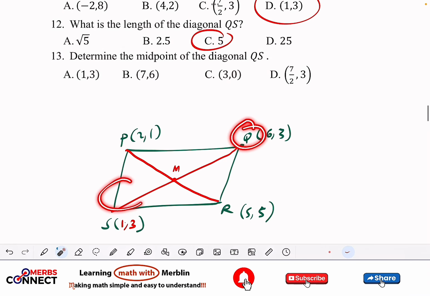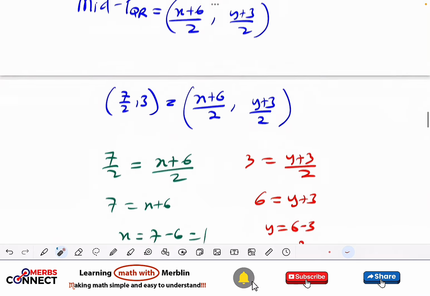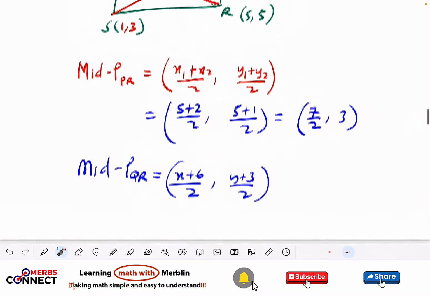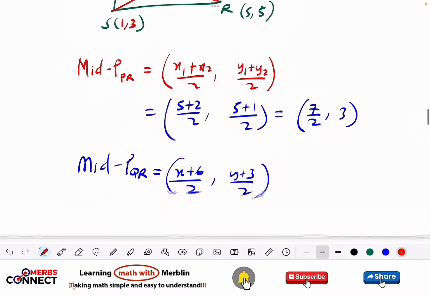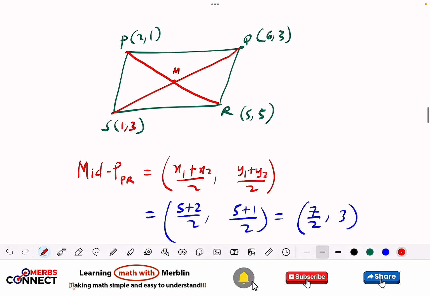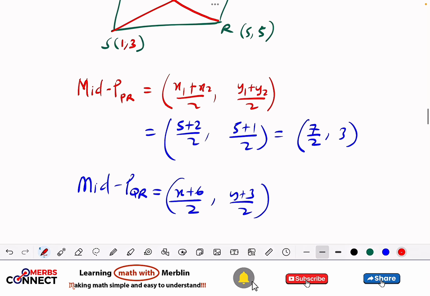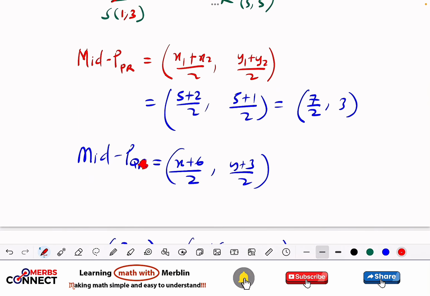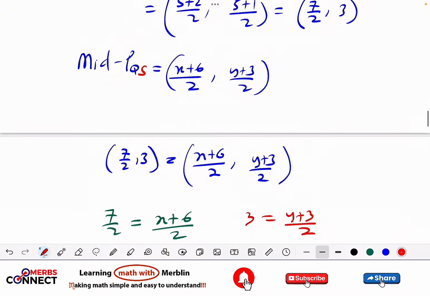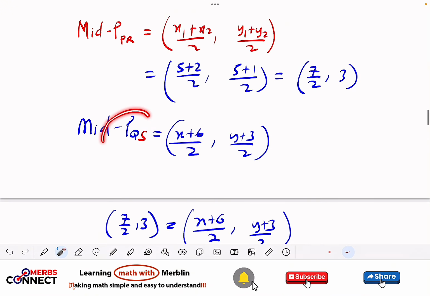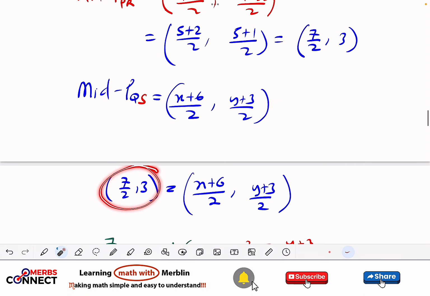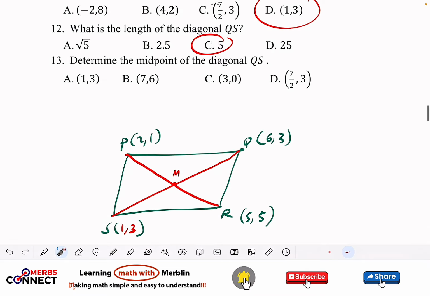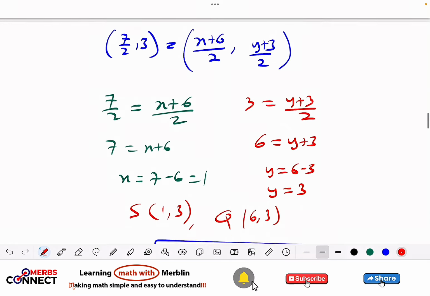Did I write it down wrong? PR, QS. Oh, okay, this one's supposed to be QS. Sorry, this one's supposed to be QS. So the midpoint of QS is the same as this. So it means that it is 7 over 2 and 3. So that one you just don't need to solve. You just need to circle it from there.